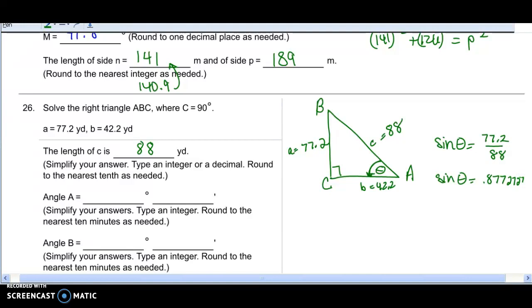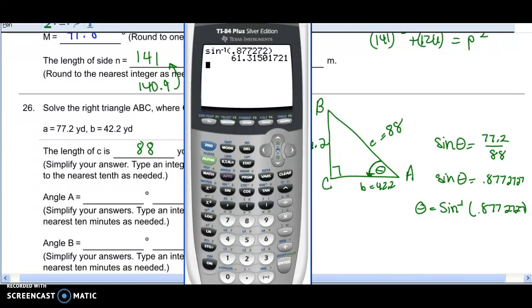But remember, anytime you have to find theta, you need to deploy the inverse function. So theta is going to be sine inverse of 0.87727727. Find that. I come up with theta to be 61.31 degrees.